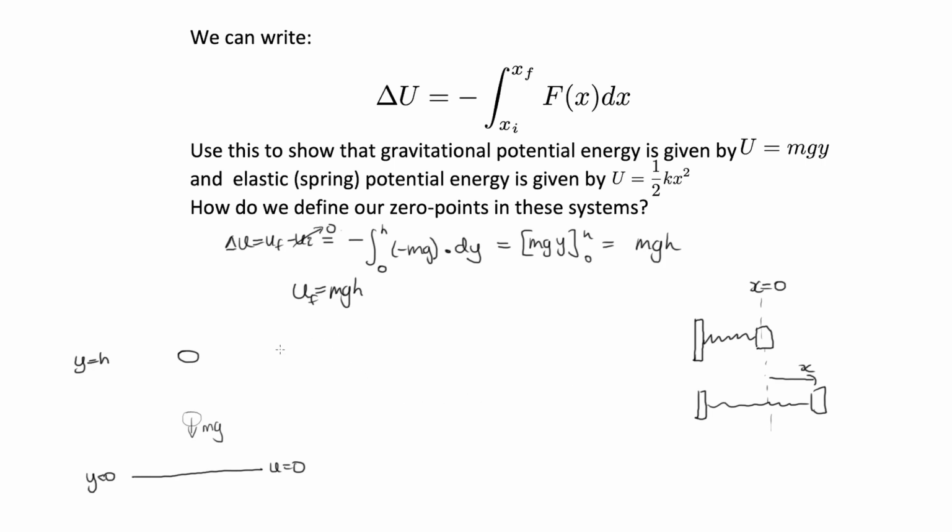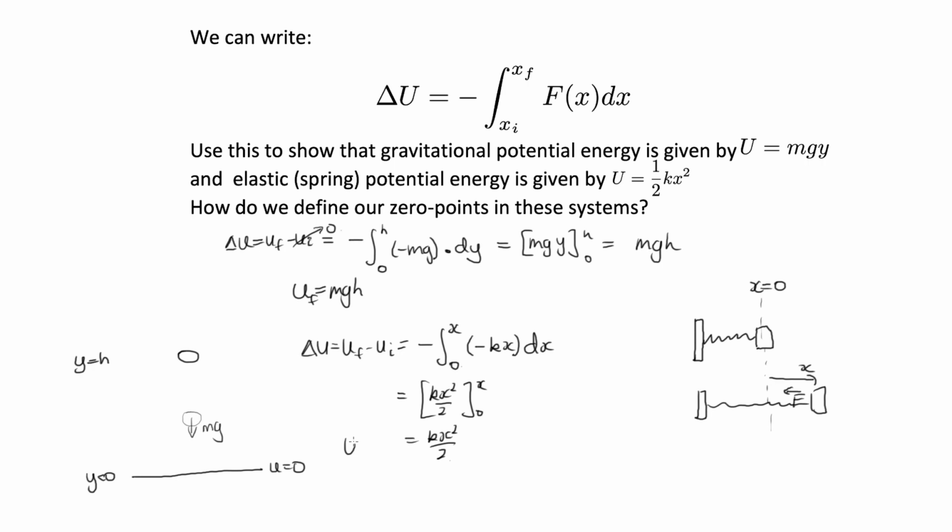So to do that, we can once again say delta U is equal to U final minus U initial, which is equal to minus the integral. Now we're going from x equals 0 to x, and the force on the object is back this way, that's the spring force, and it's given by minus kx, and the displacement is dx. So integrating this, we end up with kx squared on 2 from 0 to x, which is equal to kx squared on 2.